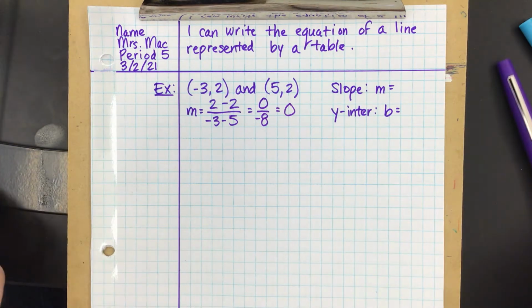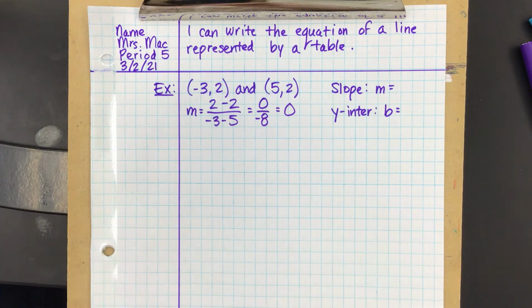Okay. Now, real quick, is a slope of 0 horizontal or is it vertical? What do you guys think? Is it horizontal or vertical? Some of you are afraid to answer, I think.